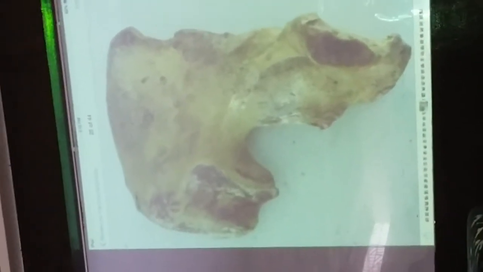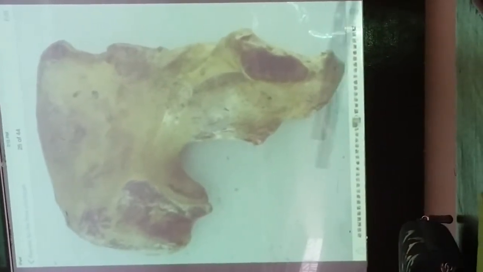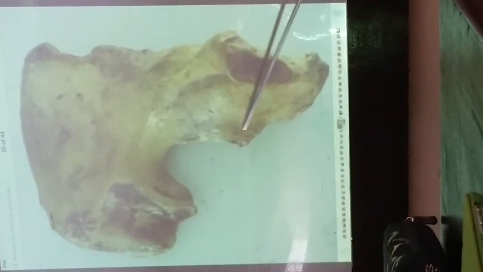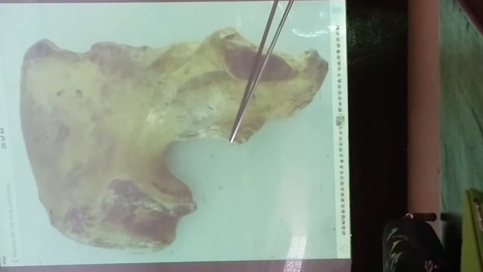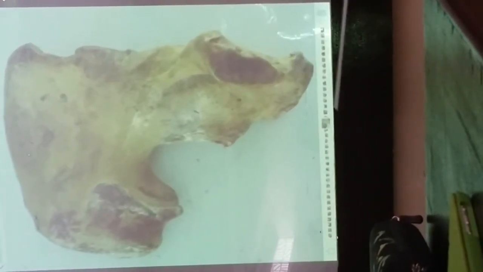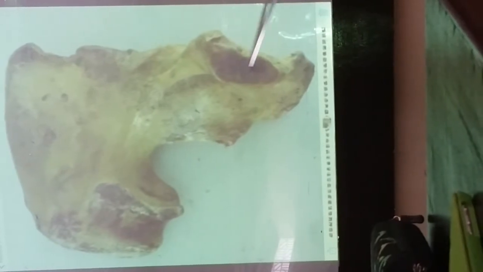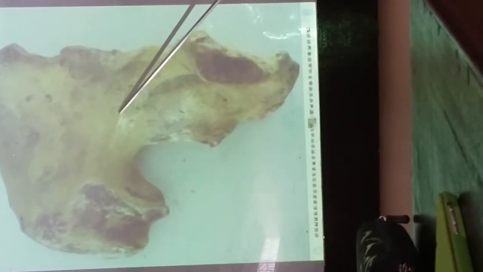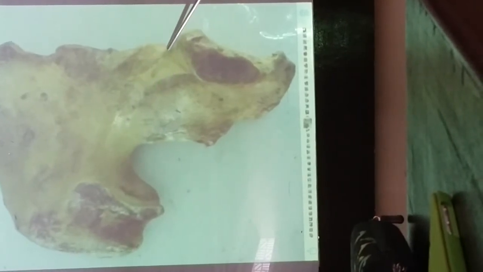Next. Now here, what is this? This one is greater sciatic notch, lesser. Dapat ito pointed. Ischial spine. This is ischial tuberosity. And then of course you have acetabulum here. This one is ilium, pectineal line.